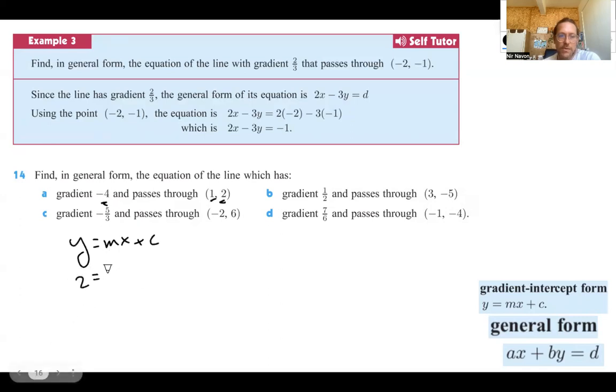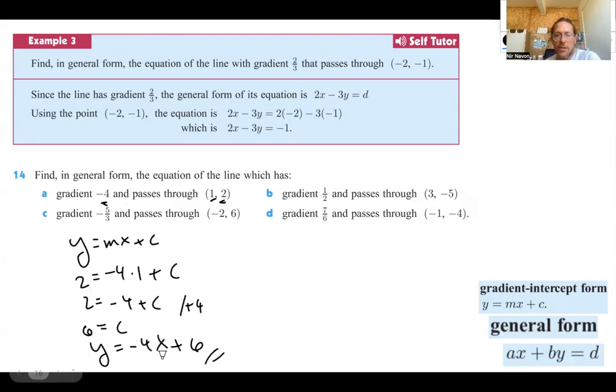So 2 = -4 times 1 + c. 2 = -4 + c. 6 = c, by adding 4 to both sides. So now I have the equation in gradient-intercept form: y = -4x + 6. If you want to change it into the general form, then that would be 4x + y = 6, where I have the x and the y on one side and the number on the other side according to this instruction here.